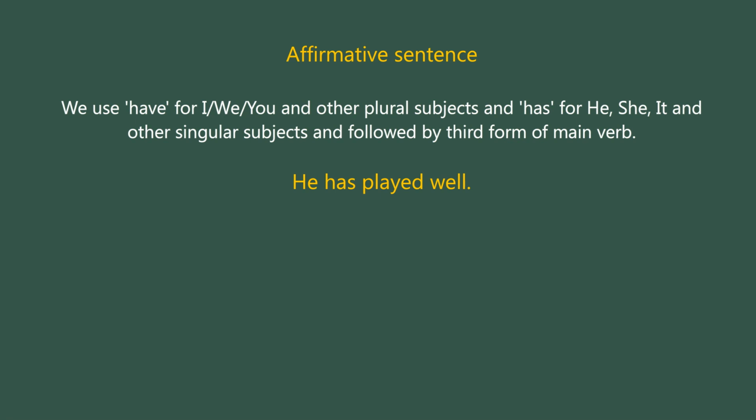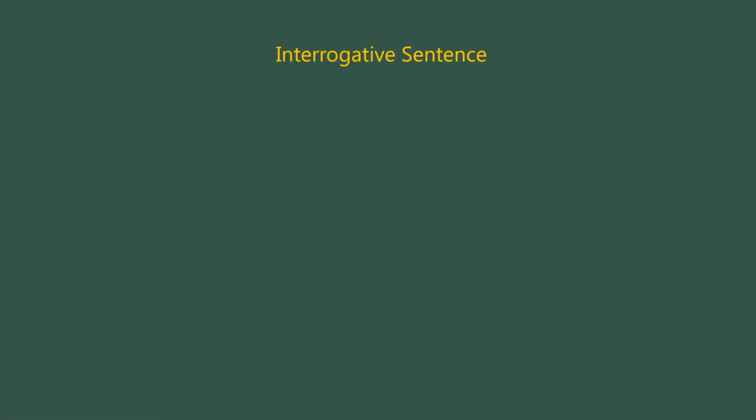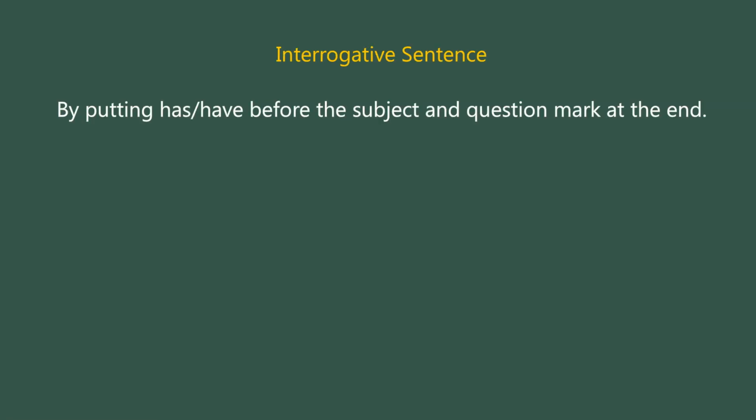He has played well. Negative sentence. We put not just after the helping verb, has or have. He has not played well. Interrogative sentence. By putting has or have before the subject and a question mark at the end. Has he played well?